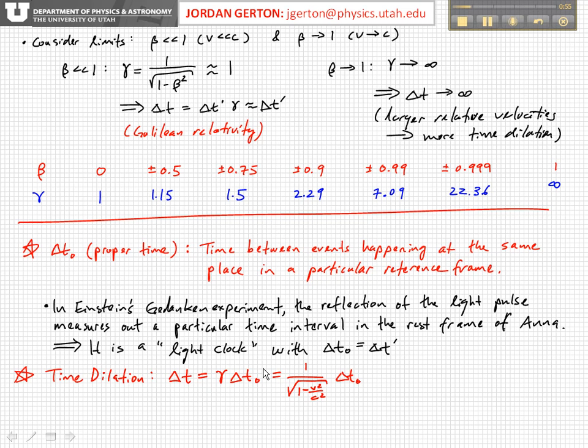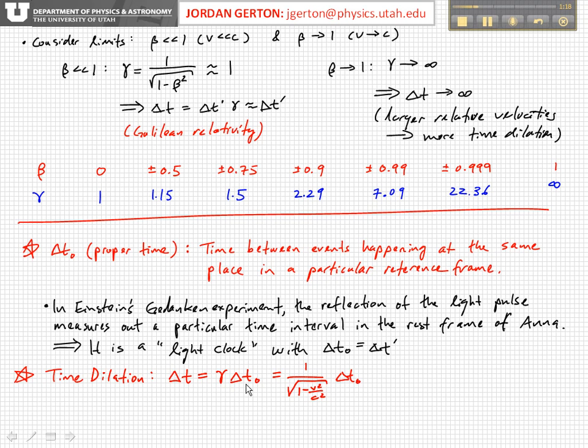This allows us to generate a general expression for time dilation, which is that delta t, the time interval measured in any moving reference frame, is equal to the Lorentz factor gamma times the proper time.